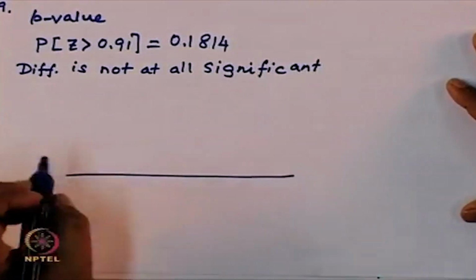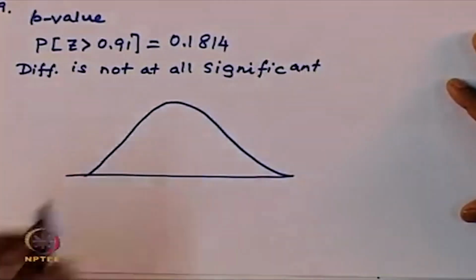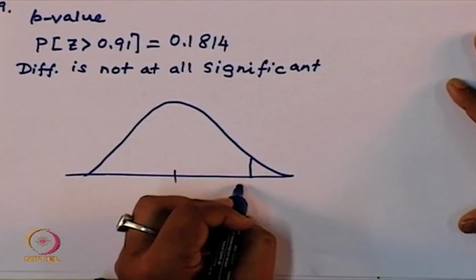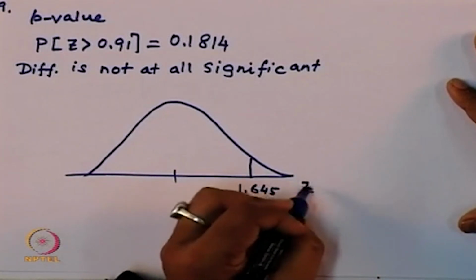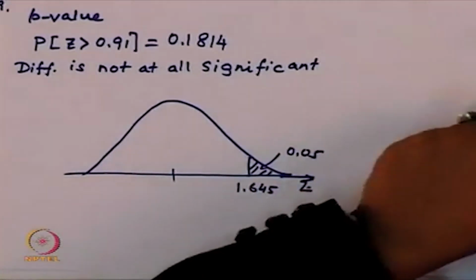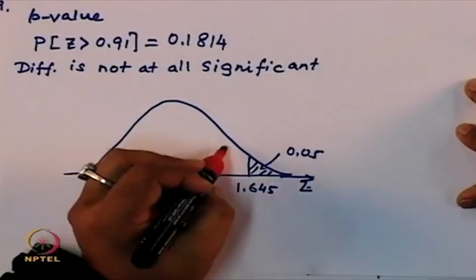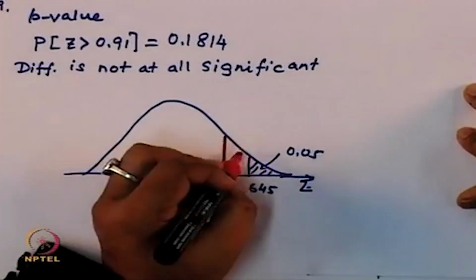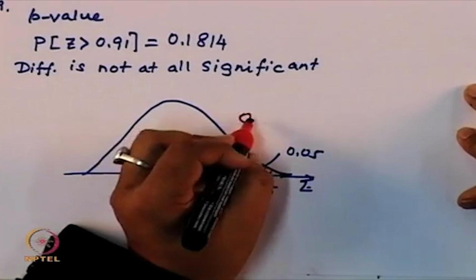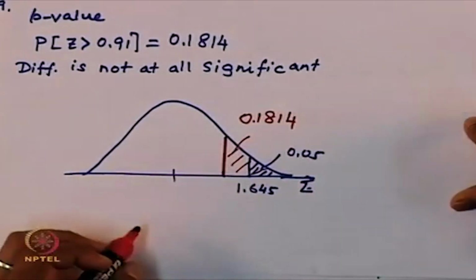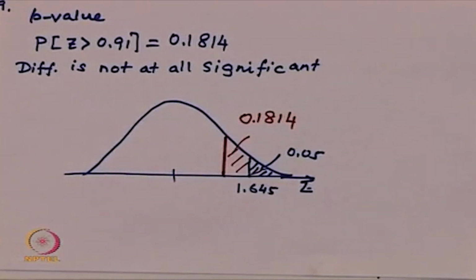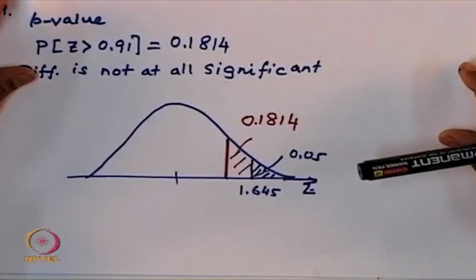If I were to draw the same, this is 1.645 of z, where the area under the curve is 0.05, but what you got is something like this, and the area under this curve came out to be 0.1814. So you cannot make the assertion that the daily intake has increased significantly.